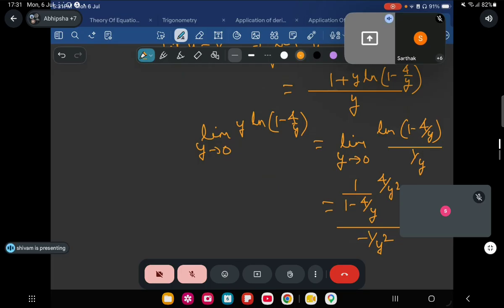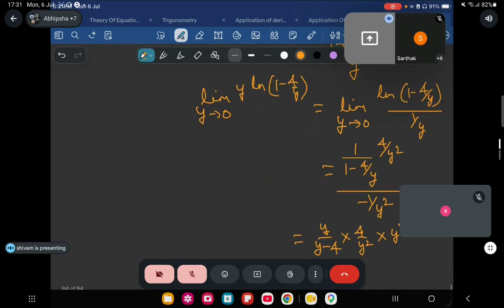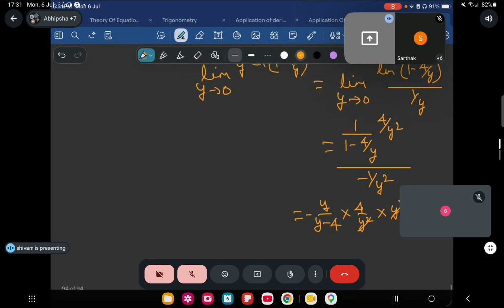So this is y by y minus 4 multiplied by 4 by y square, and this will be multiplied by y square. And minus sign will also be there. So y square gets cancelled. Acha. So see, now what have we got?